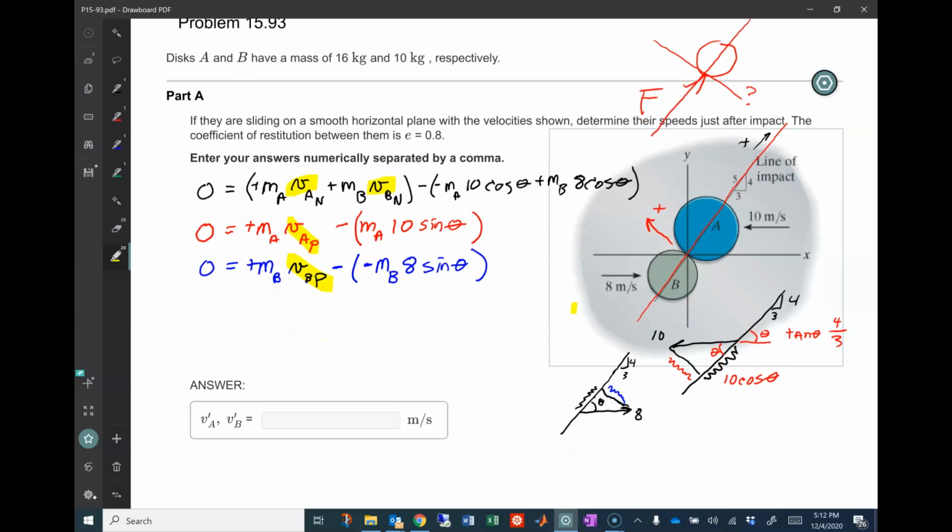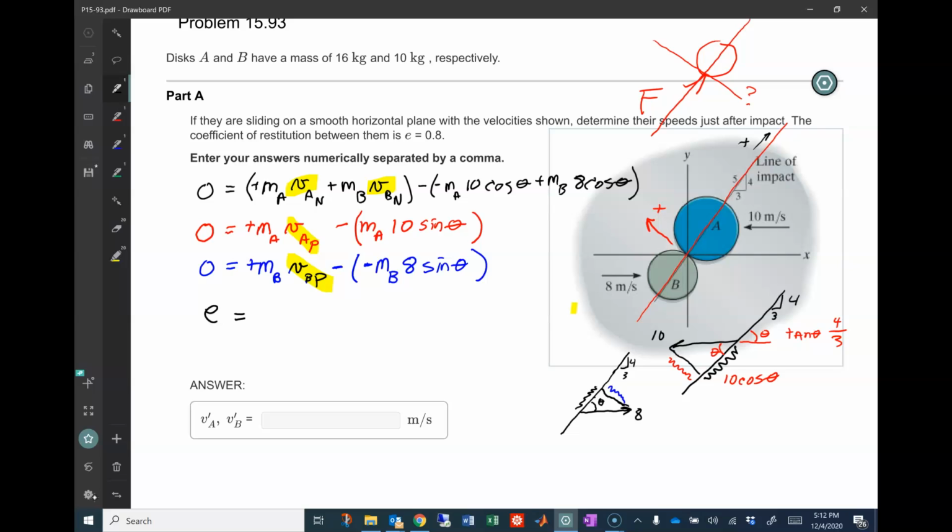Don't forget the coefficient of restitution. So here comes the coefficient. Now you have to apply the restitution in the normal direction only. That'll be e equals the velocities after divided by the velocities before.